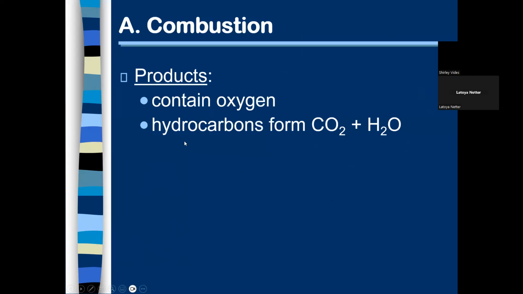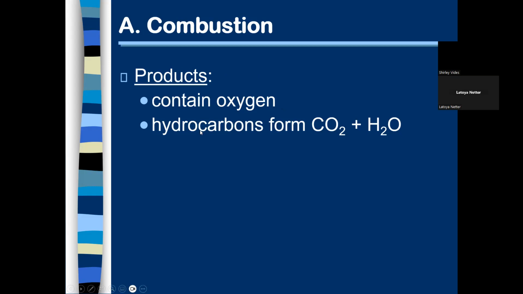If you have a normal metal like magnesium burning in oxygen, you're going to have Mg plus O2 yielding MgO2. No, MgO, sorry, because both of them are 2. So MgO. See how the products contain oxygen? And there's oxygen in the reactants each time.